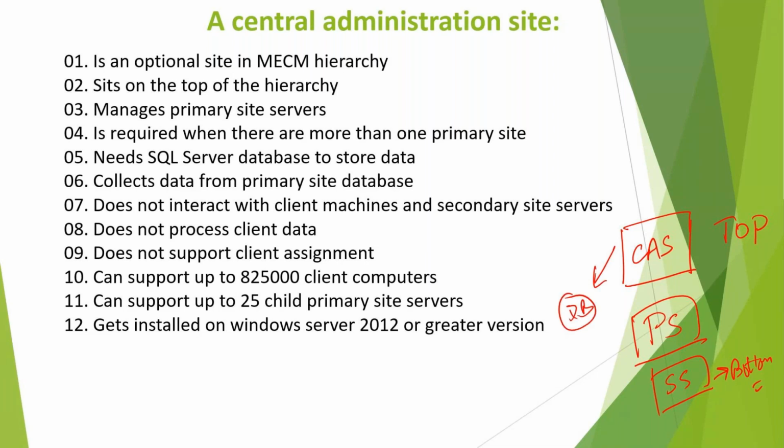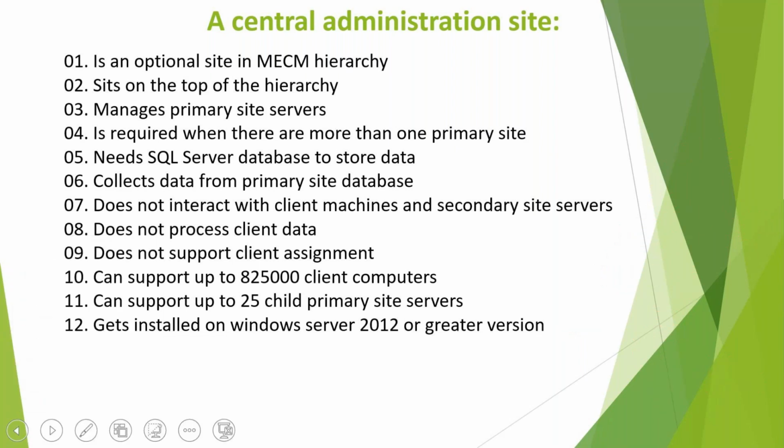Central administration site is an optional site server. Optional means it is needed only on certain conditions. If you don't have those conditions, then you don't need a central administration site. So what is the condition? The central administration site is installed when you have a big organization wherein you have more than one primary site.